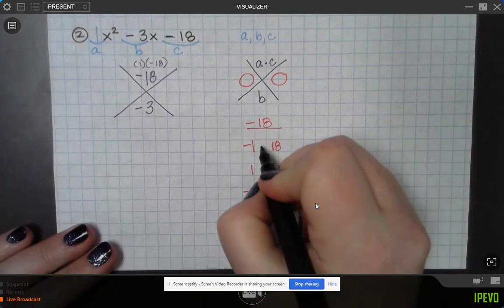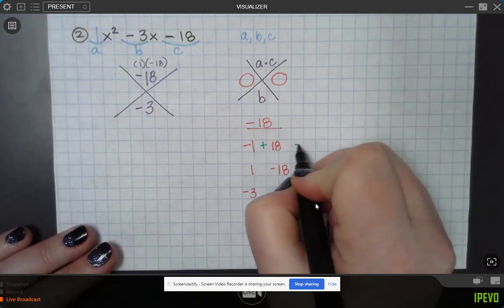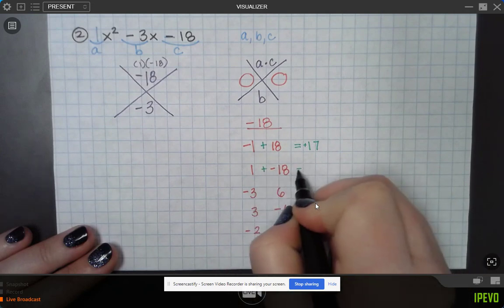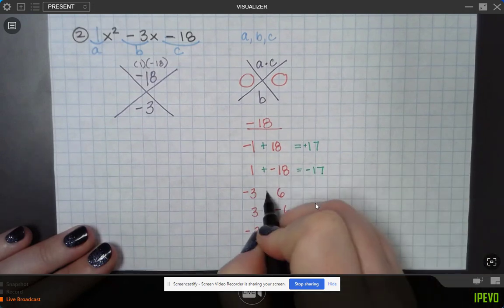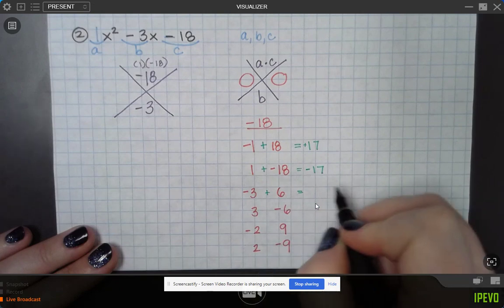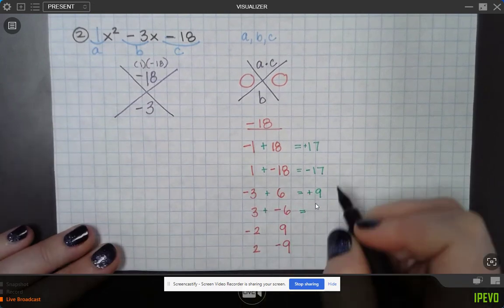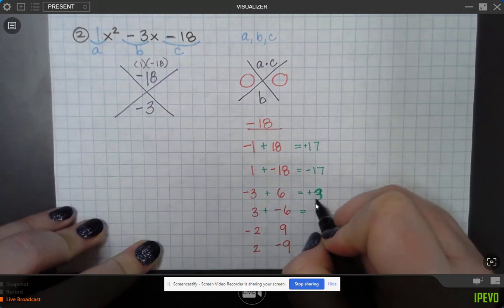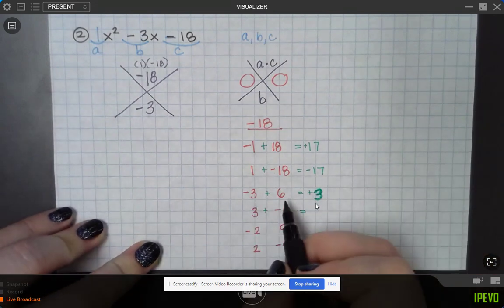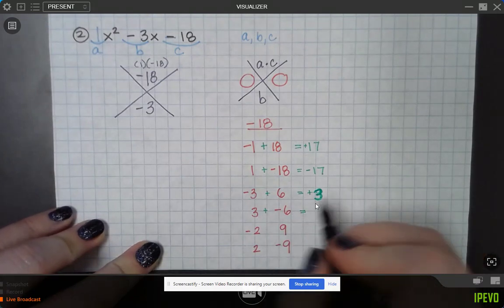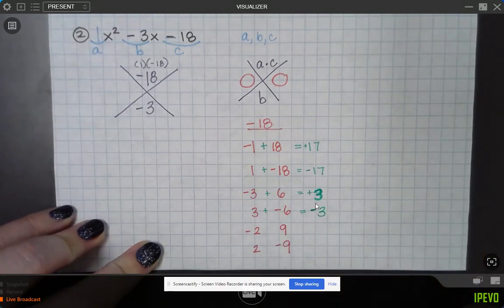If I add negative 1 and a positive 18, that gives me 17. If I add these up, I get negative 17. Adding, I get a positive 9. Adding, I get a positive 3. Negative 3 and positive 6 gives me a positive 3. A positive 3 and a negative 6 gives me a negative 3.